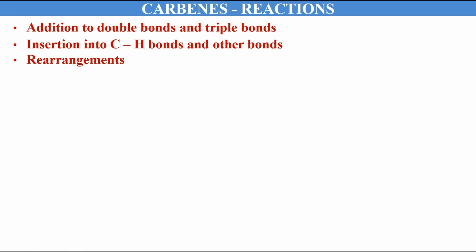If not addition, it can undergo insertion. If insertion is not there, then it can undergo rearrangement reaction. Addition, insertion, and rearrangement reactions are the three varieties of reactions a carbene can undergo.